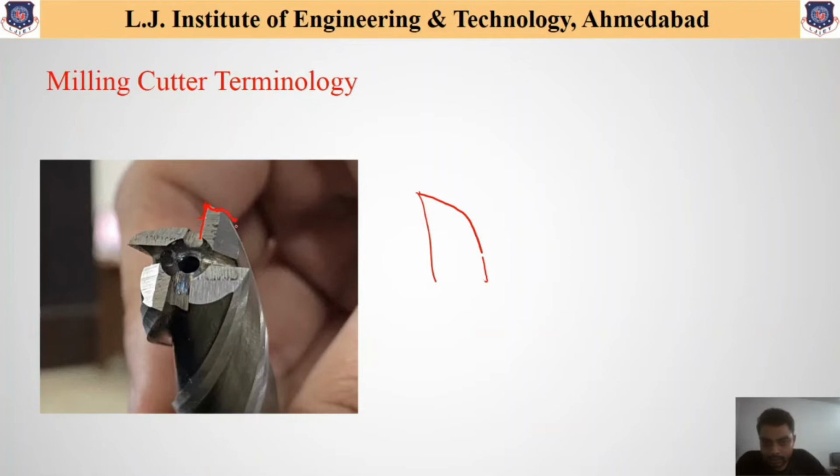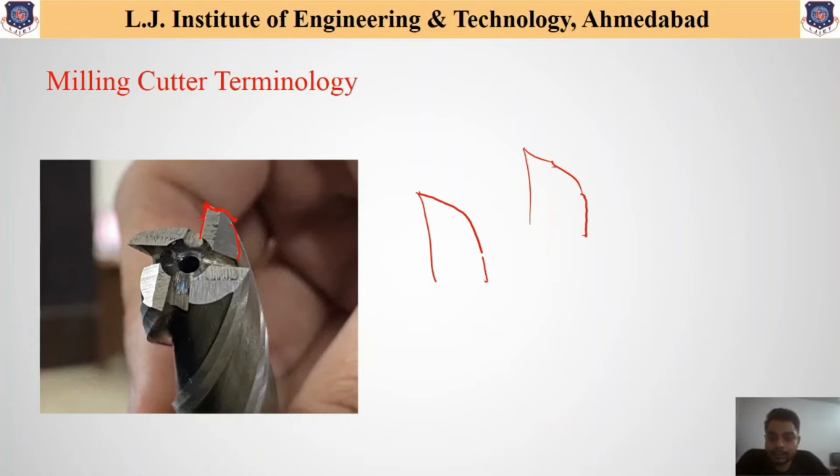This is one, this is second, and this one is third. Similarly, if I draw over here, this is the first, second and third. By forming these three different lines, this milling tooth is formed, and this tooth helps to remove the material from the workpiece.